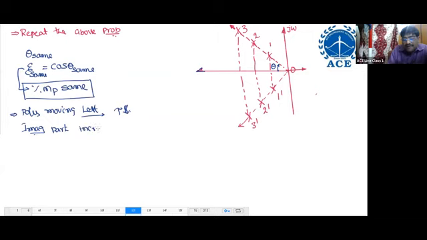Hence, omega d increases. The distance from origin to pole increases.